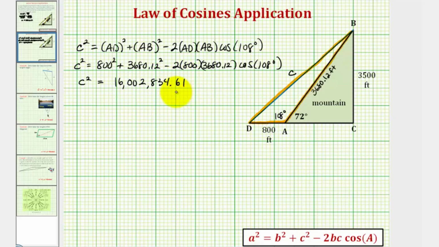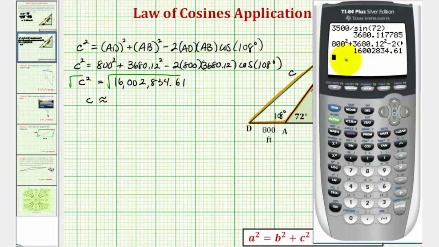And now we know C is a length, so C has to be positive. So we'll take the principal square root of both sides of the equation. And now we'll go back to the calculator. Remember, taking the square root is the same as raising something to the 1/2 power. So because we have this value already in the calculator, we could just press the exponent key of the caret and then raise the previous answer to the 1/2 power and enter.